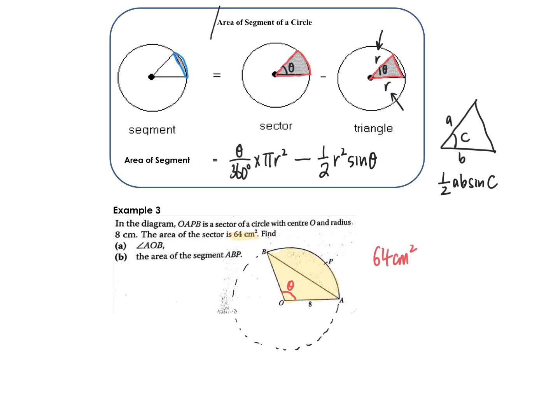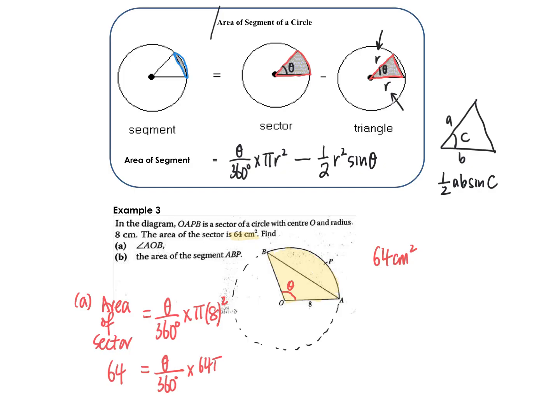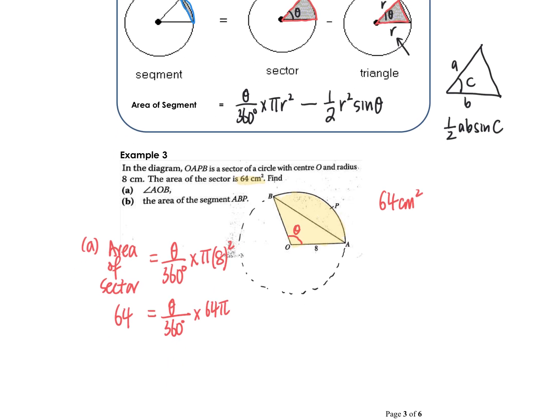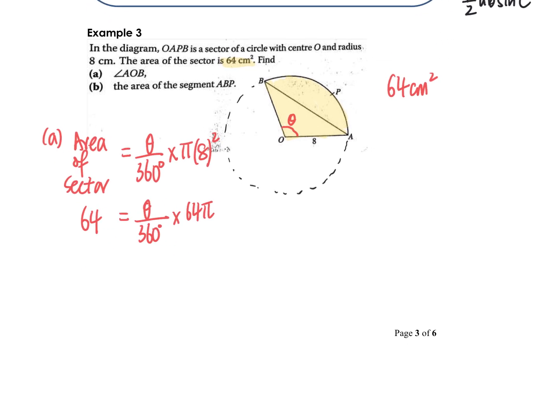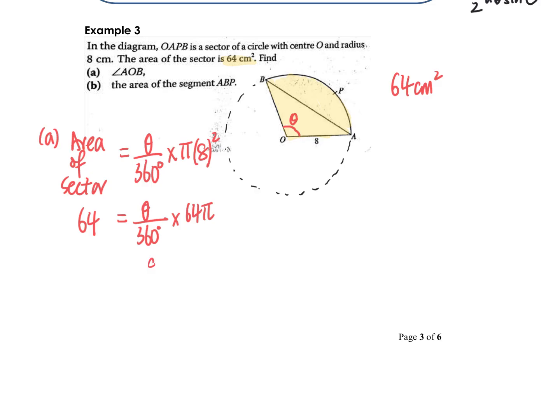So we use the formula for area of sector. Area of sector, theta over 360 times pi r squared, and it is equal to 64. So to solve it, you basically have to do step by step.